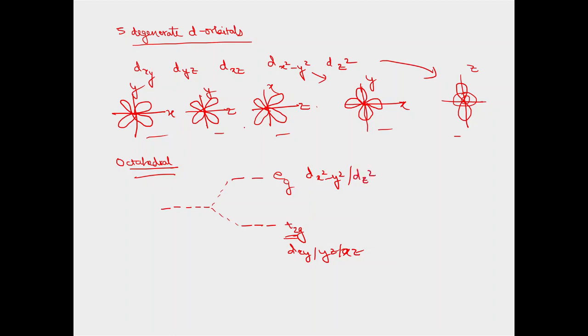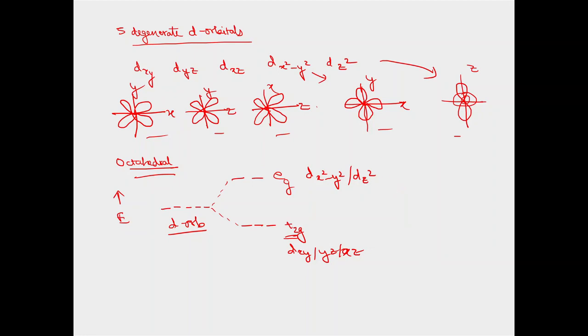Because of more repulsion, eg goes higher in energy, and we see this splitting into two energy sets, t2g and eg. Now one more thing: why is this g coming, anyone knows? Center of symmetry.